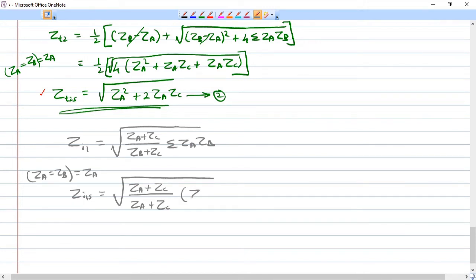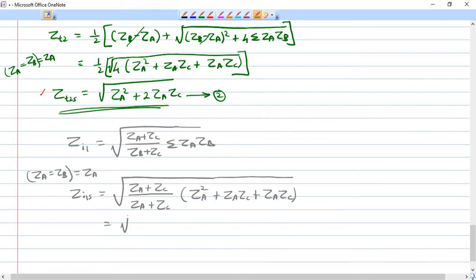It is ZA ZB, which is equal to ZA square plus ZB into ZC, which will be again ZA into ZC plus ZC into ZA, you can rewrite as ZA ZC. Okay.